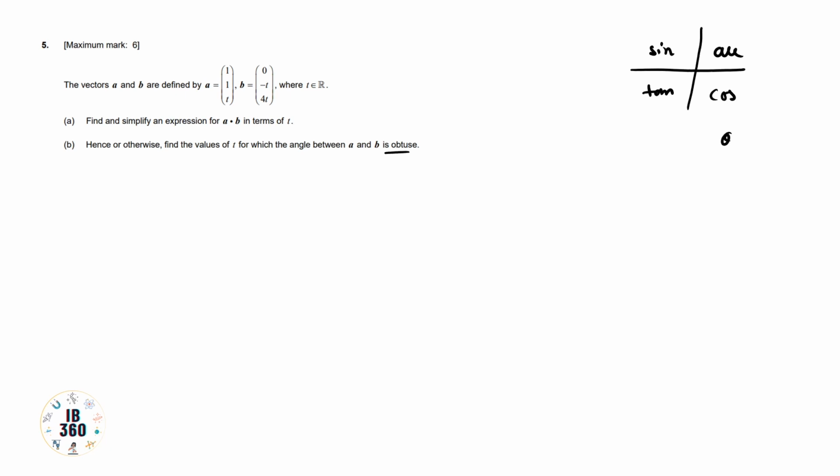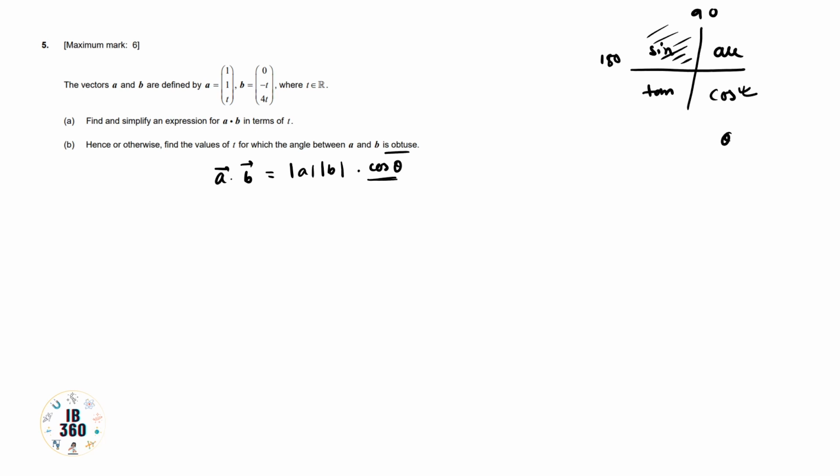Now we are concerned about the value of cos, because we know that a vector dot b vector is equal to mod of a into mod of b into cos theta. So we are concerned about the value of cos theta. Cos theta is positive in the fourth quadrant. Now obtuse angle lies between 90 degrees and 180 degrees. So obviously in this particular quadrant, all cos values will be negative.